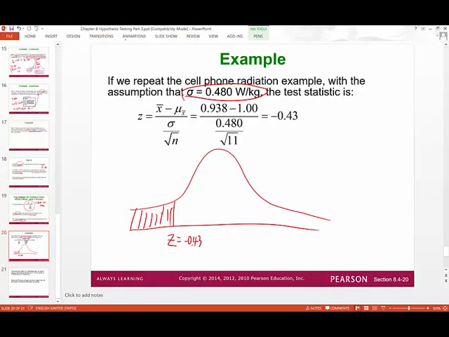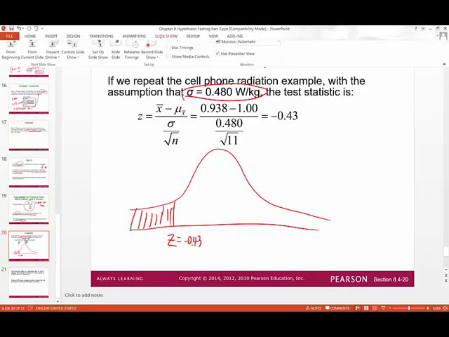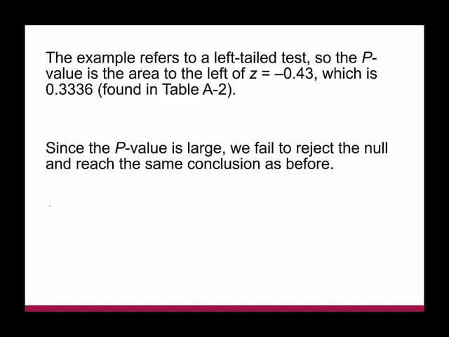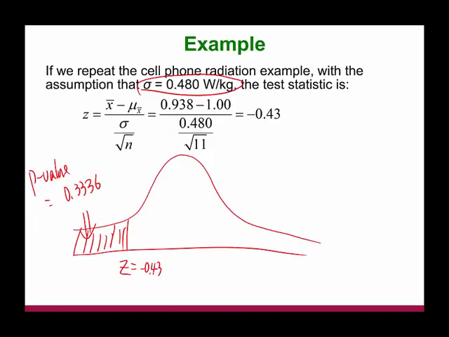You go back, then that probability is definitely much bigger than alpha. This area on the left is 0.3336. So the p-value is happening with a much higher probability. The p-value is greater than alpha. So we fail to reject H0.